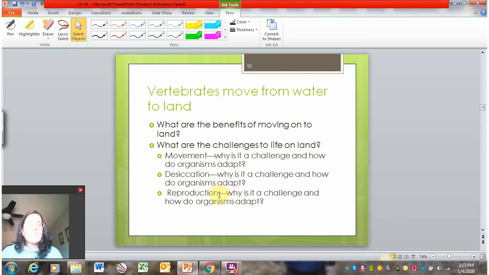The eggs are going to dry out. So there are going to have to be different solutions for reproduction, and organisms will be either better adapted or less well adapted to reproduction on land. And that's the story that we're going to be building as we look at the different vertebrates: how well adapted to solving these challenges are they, and what traits help them with these challenges.